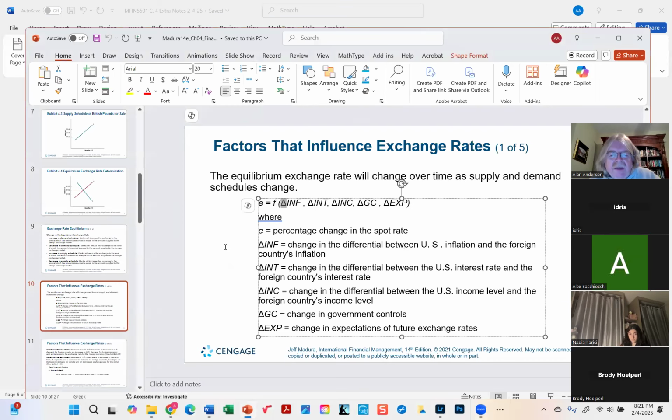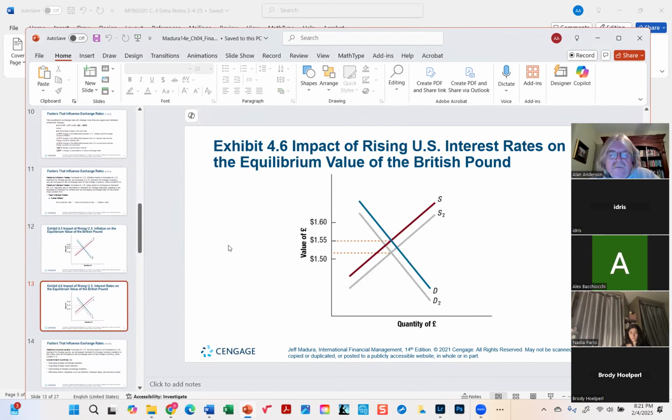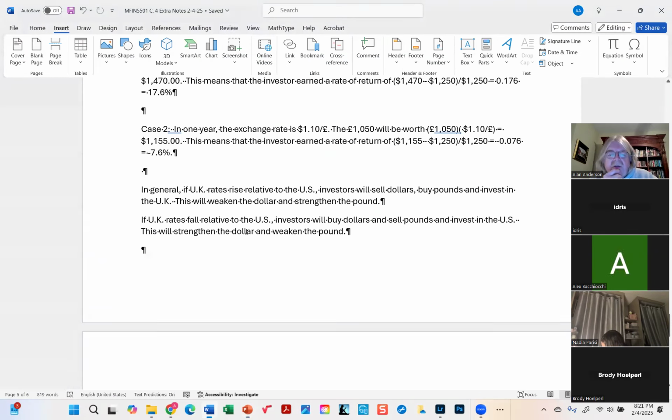I want to see what they have to say about this. Here they're showing us that when there's a change in interest rates, both supply and demand are being affected. They're telling us that if US rates go up, which is the same thing as saying UK rates go down, that would be the second case.